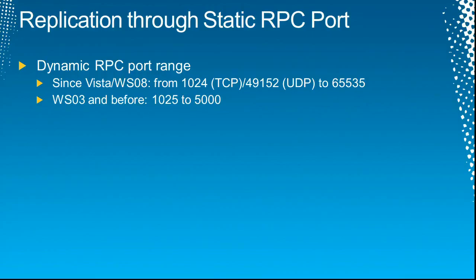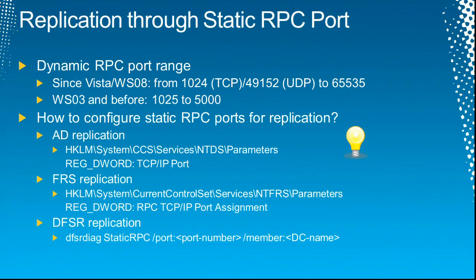The way you can do that is by setting up replication to one static RPC port, using specific settings for AD replication, file replication, or DFSR if you are using it. That way, that specific RODC will get all the replication changes from one specific domain controller through one RPC port.